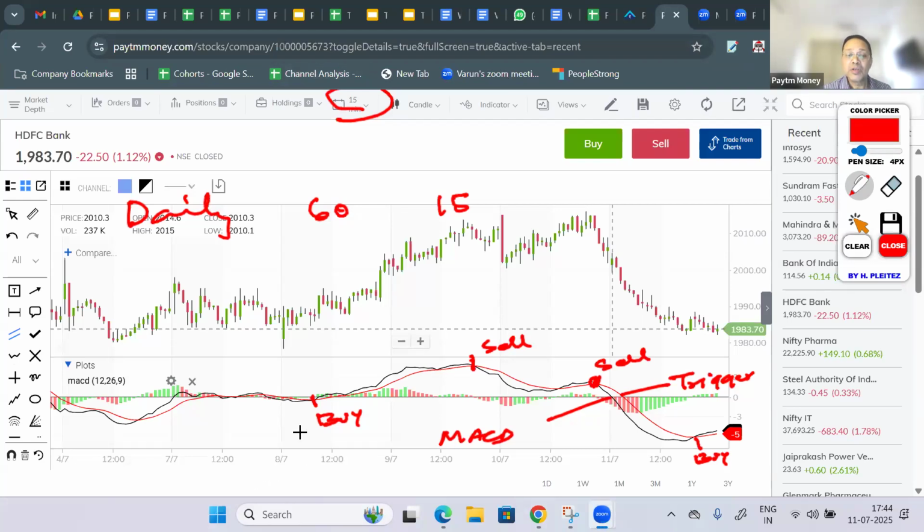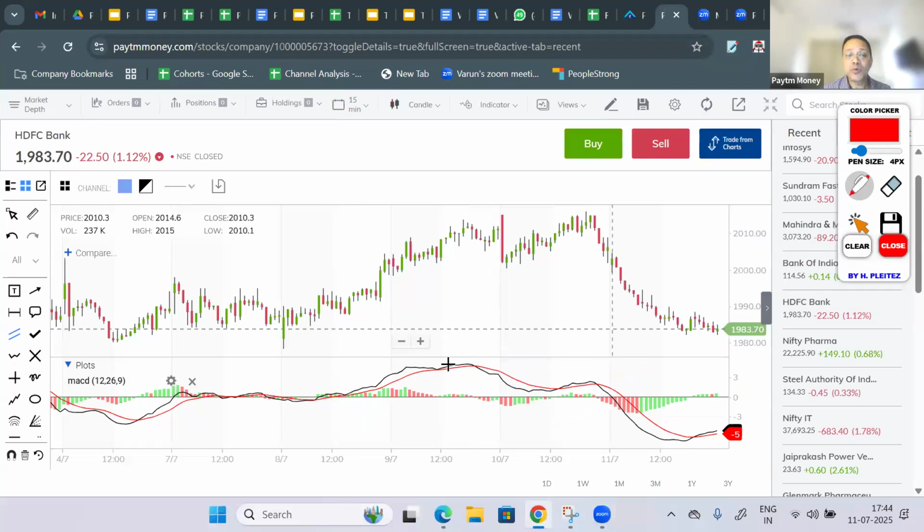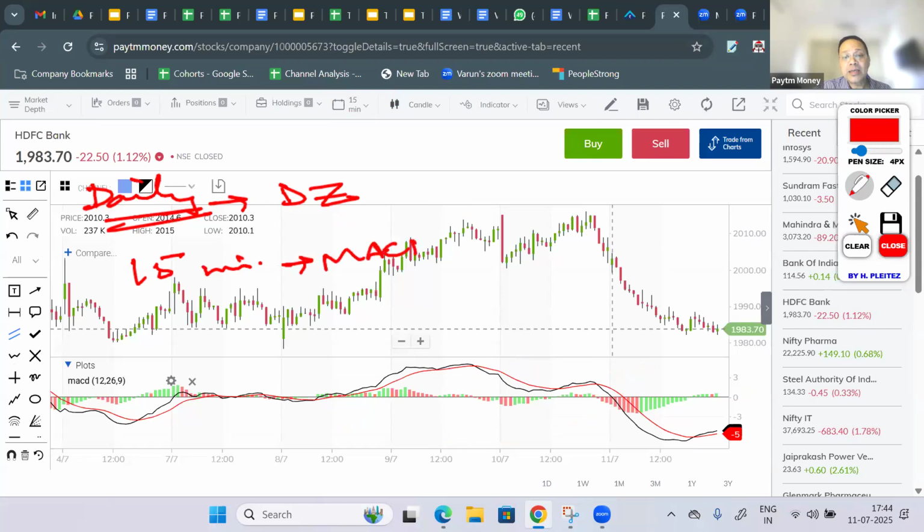Perfect. So now what you are going to do is, when the price is already in the demand zone in the higher time frame, the daily chart, the moment the MACD in the 15-minute chart gives you a buy signal, you can go and buy.